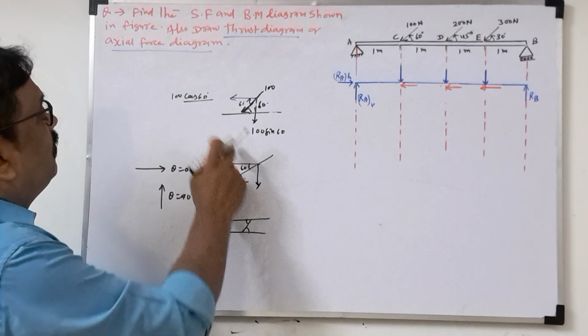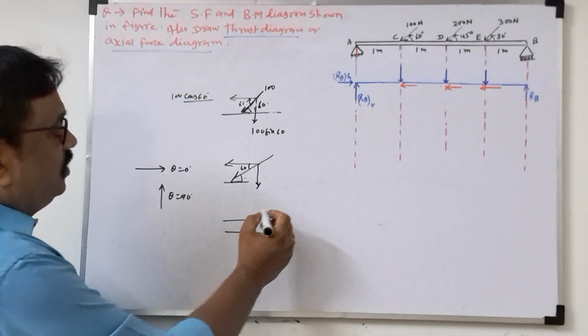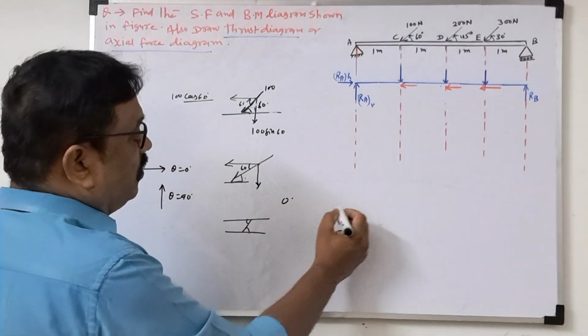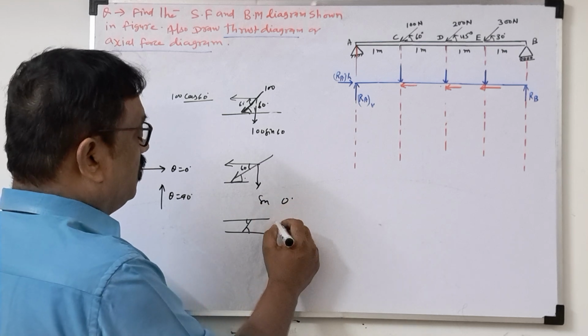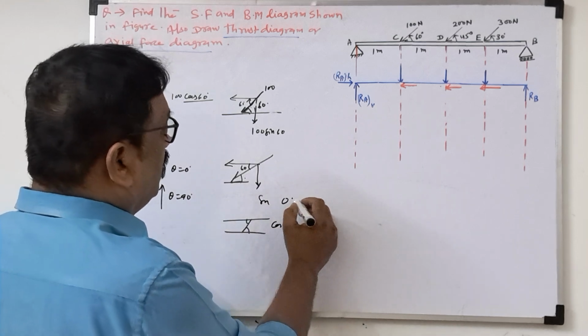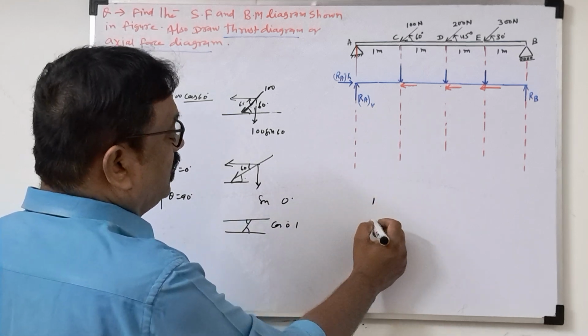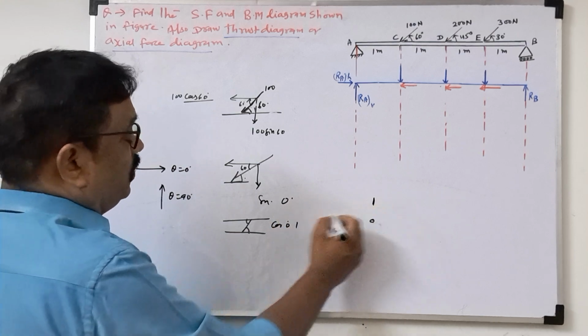But inclined forces have two components, both sin and cos, because sin 0 degrees is 0 and cos 0 degrees is 1, while sin 90 is 1 and cos 90 is 0. So the sin and cos values vary from 1 to 0.